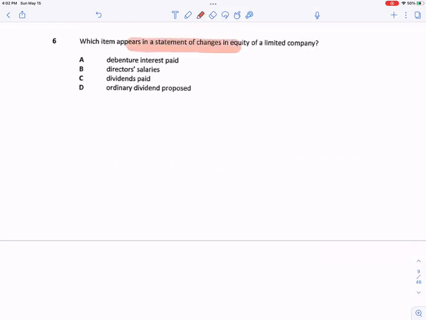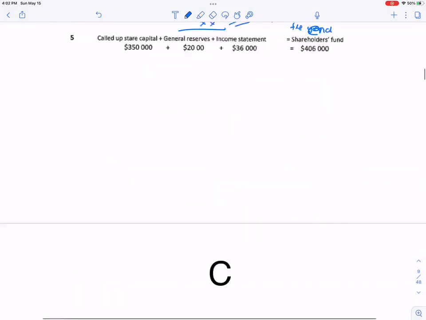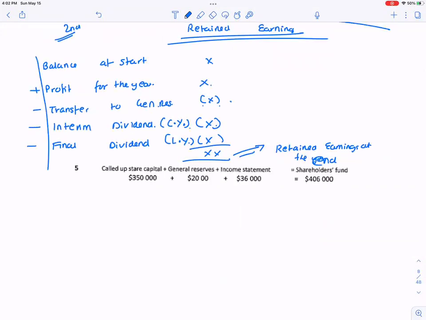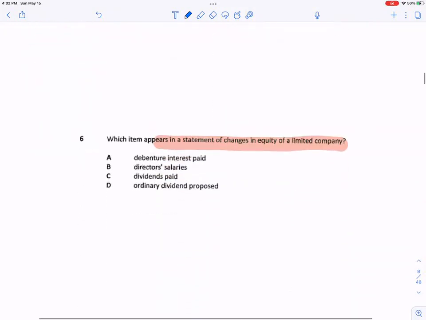Which item appears in the statement of changes in equity of a limited company? These are all the headings that I have given over here; they come in the statement of changes in equity of a limited company.